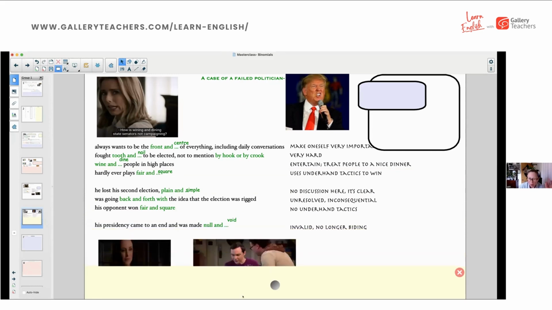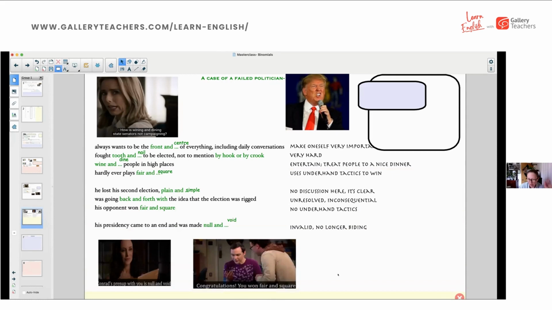Now we have two more images. So a prenup is null and void, and someone has just won fair and square. These are very, very common.